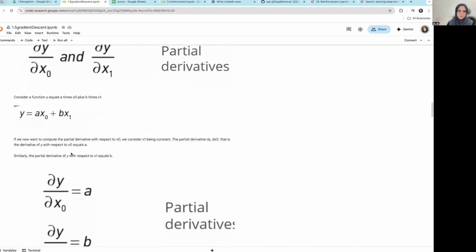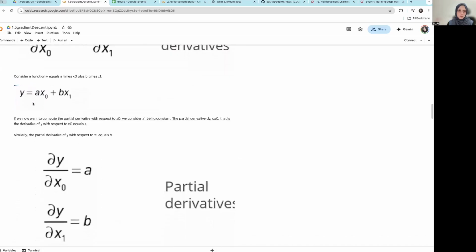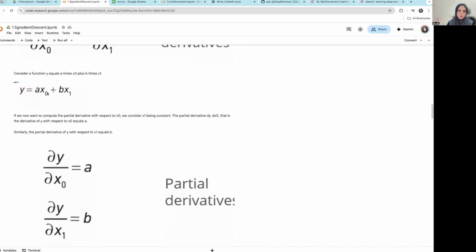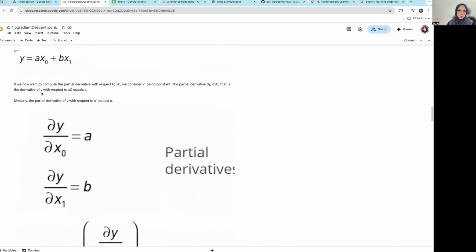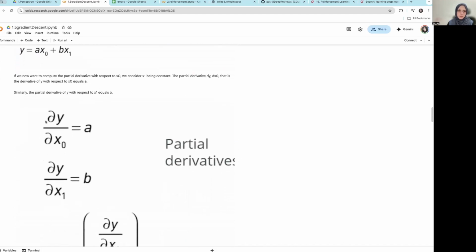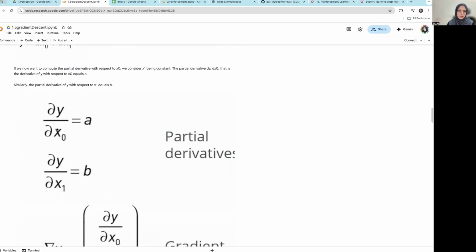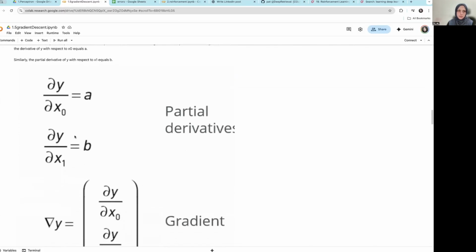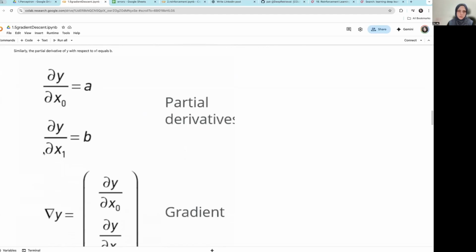Let's have an example. Consider a function y equals a times x0 plus b times x1. If we now want to compute the partial derivative with respect to x0, we consider x1 constant. The partial derivative dy/dx1 equals b. And x0 will be constant when we calculate this partial derivative.